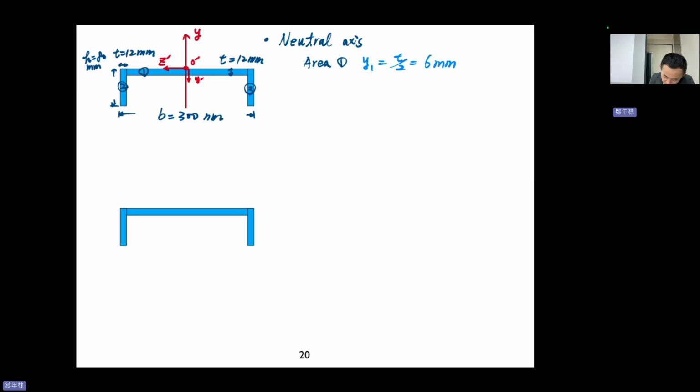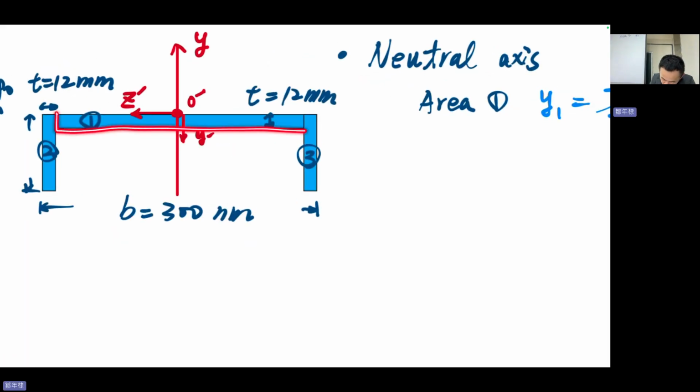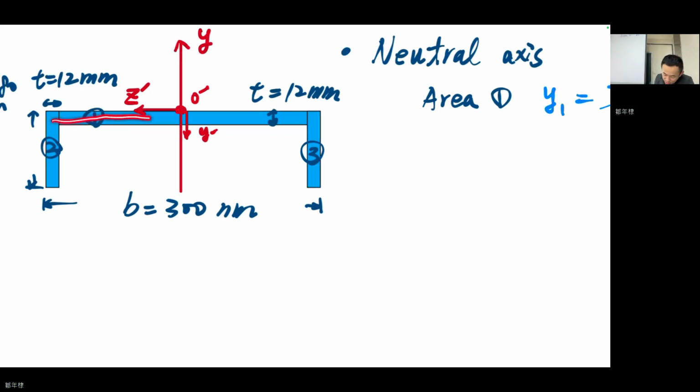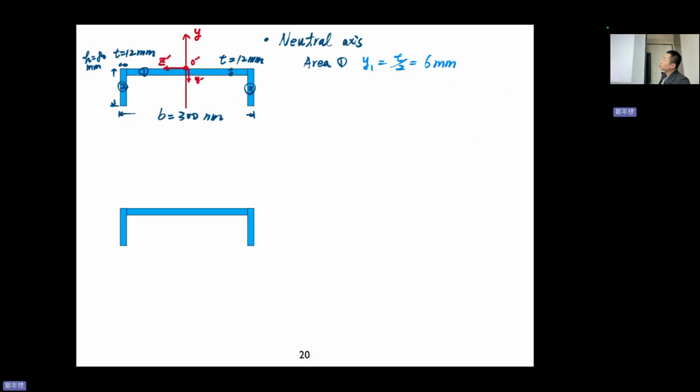Of course, right? Let me enlarge a bit here. Area 1 in this coordinate, its centroid should be here, in the middle. So half of 12 from the O point. So it should be 6 millimeter. So y1 equals t over 2 equals 6 millimeter.